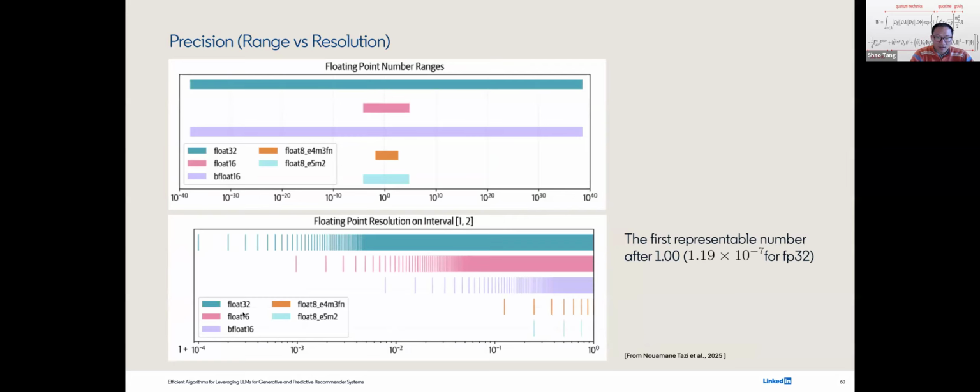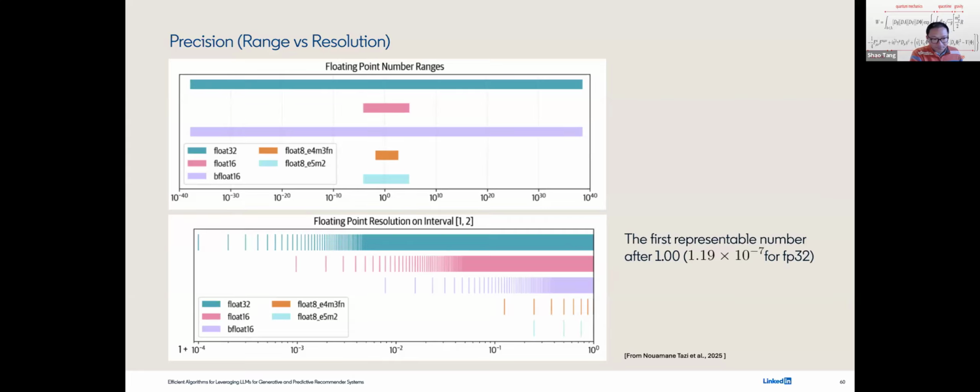But on the other hand, when we talk about floating point resolution, here we're trying to see what's the minimum number that's representable in the interval of 1 and 2, right? And the minimal here is 1 plus 10 to the minus 4. As a note, for FP32, the minimal representable increment is 1.19 multiplied by 10 to the minus 7.